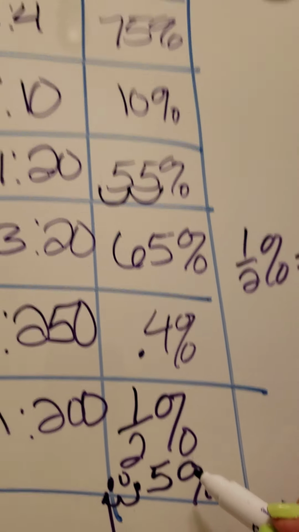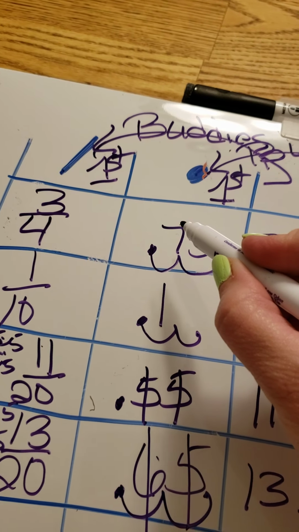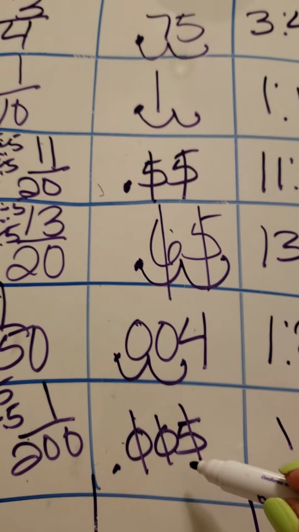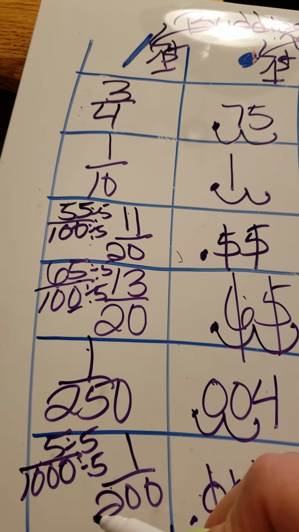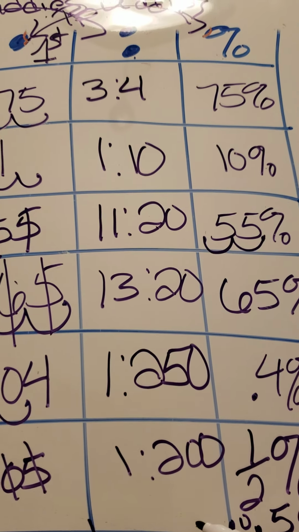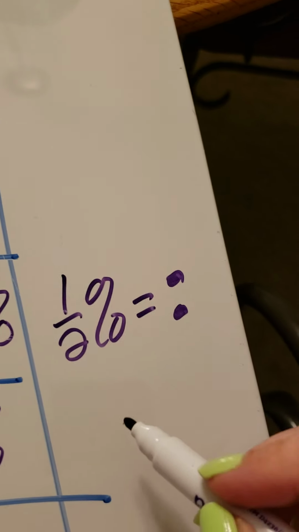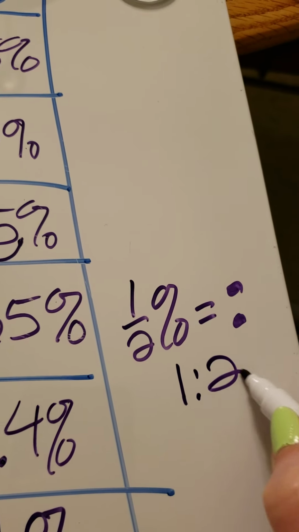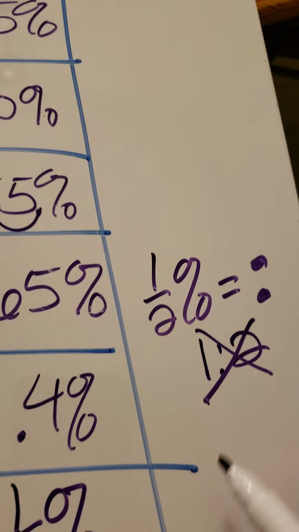Okay, because I have to have these two first. So I had to first get my decimal. Once I got the decimal, then I had to get my fraction. Once I got my fraction, then I got my ratio. I can't go straight to a ratio. A common mistake is people will see this and they'll kick it sideways. That's not correct.